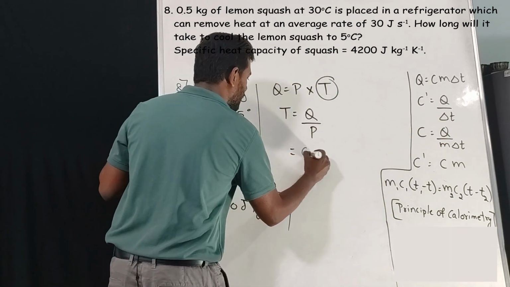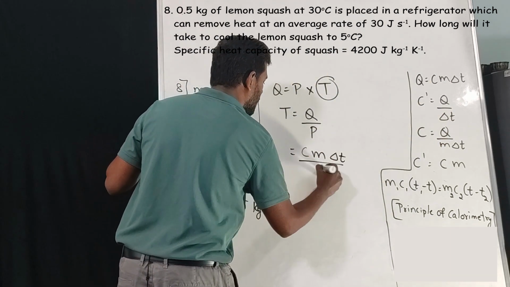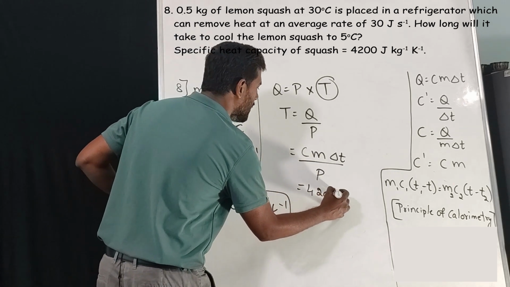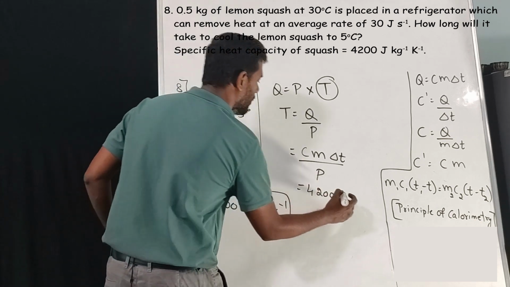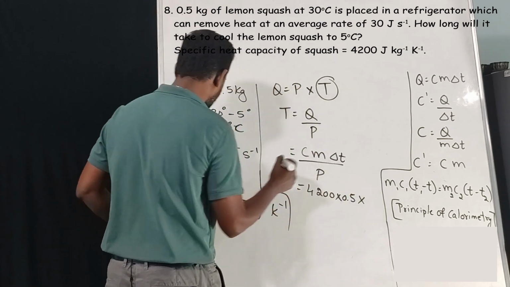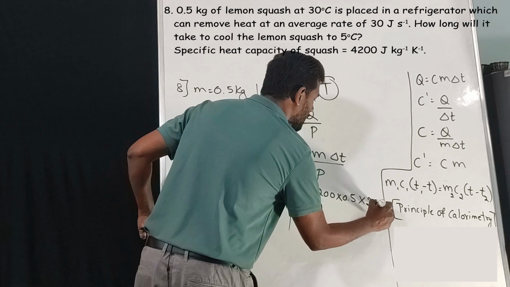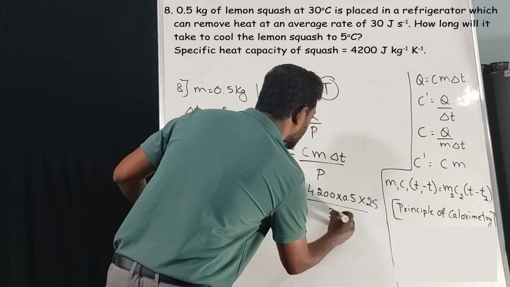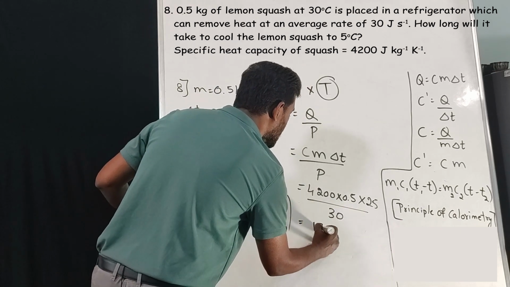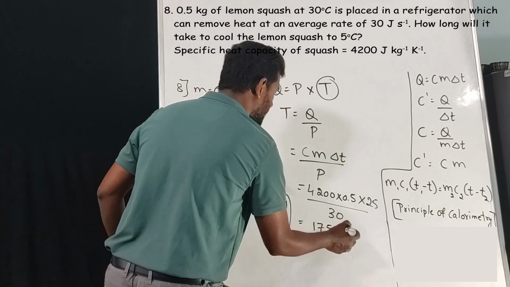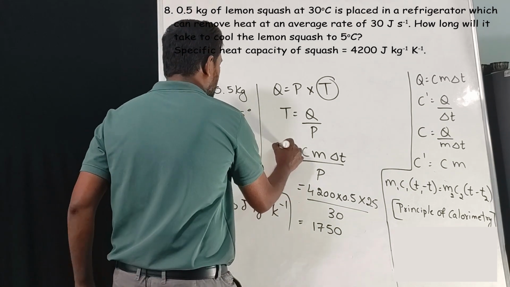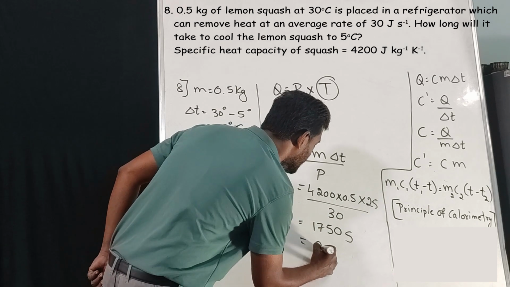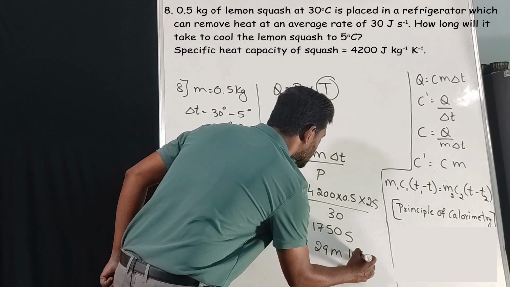So instead of Q, we'll write m c delta T by P. C is 4200, mass is 0.5, and delta T is 25, divided by P, which is 30. Once you calculate all these things, the answer will be 1750. What we are finding? Time, right? So the answer will be in seconds. If you want to convert into minutes, it will be 29 minutes 10 seconds.